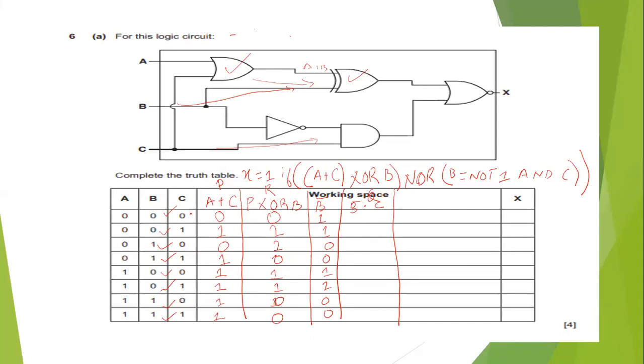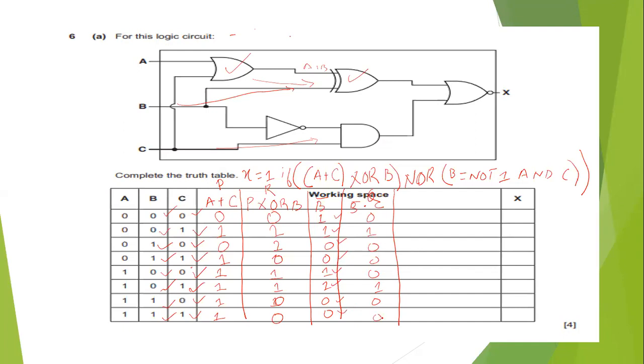0 multiplied by 1, it could be 0. 1 multiplied by 1, it will be 1. 0 multiplied by 0, it will be 0. 1 multiplied by 0, it will be 0. 0 multiplied by 1, it will be 0. 1 multiplied by 1, it will be 1. 0 multiplied by 0, it will be 0. 1 multiplied by 0, it will be 0.